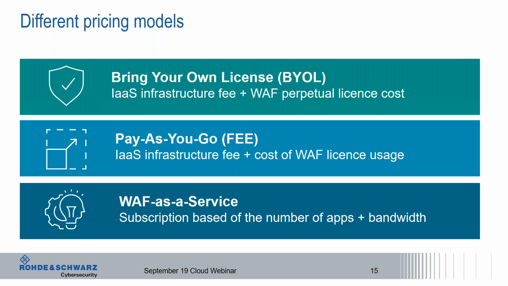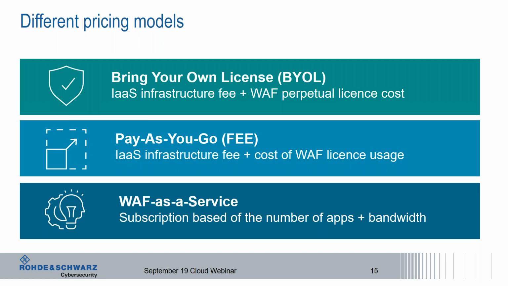And the last one is WAF as a service. In our case, we have Cloud Protector, which is a SaaS version of our web application firewall. In this case, you redirect the traffic from your DNS to our hosted infrastructure, and then we filter the traffic with our WAF, and the traffic from our infrastructure goes directly to your backend.